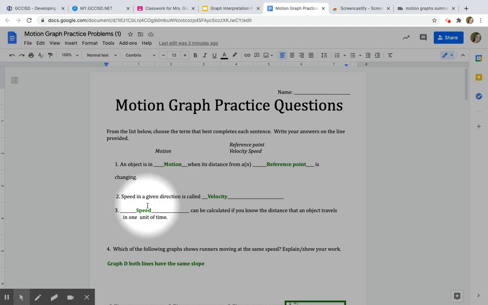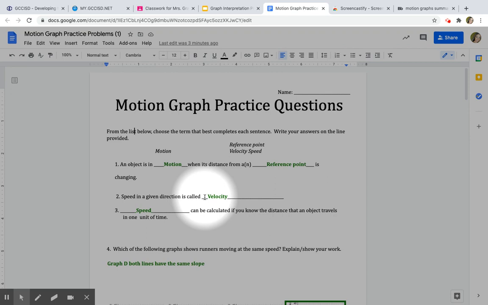Number two, speed in a given direction is called velocity. So we did talk about this about 2 weeks ago whenever we were going over forces in motion, speed, acceleration. Velocity has a direction. It's like saying Miss Graham is traveling in her car going 10 miles per hour east. East gives me that velocity.